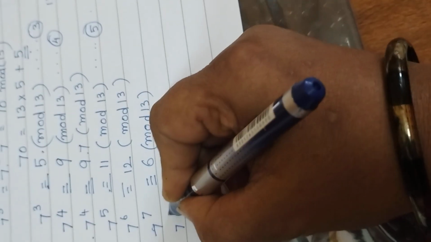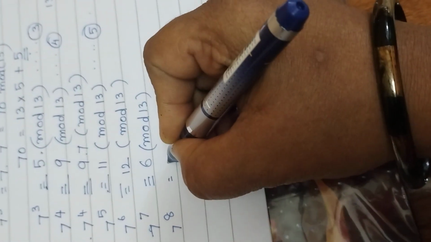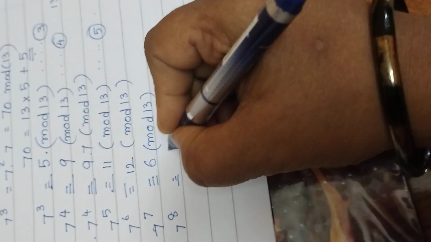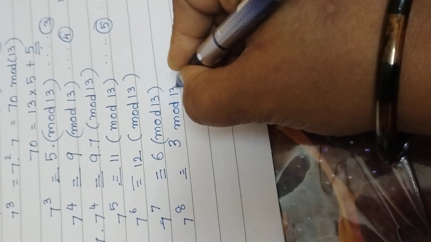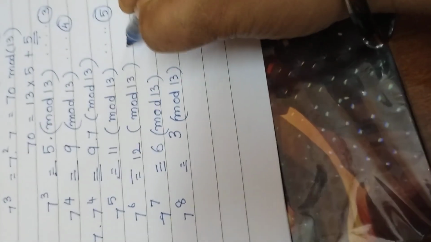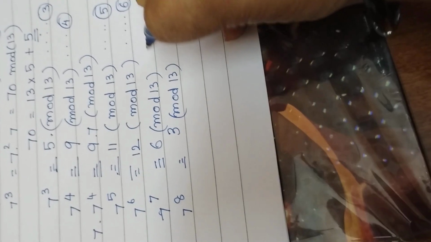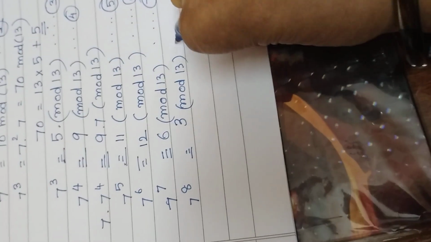For 7 power 8 I am getting 3 modulo 13. Okay. This is my 6th equation. This is my 7th equation. This is my 8th equation.